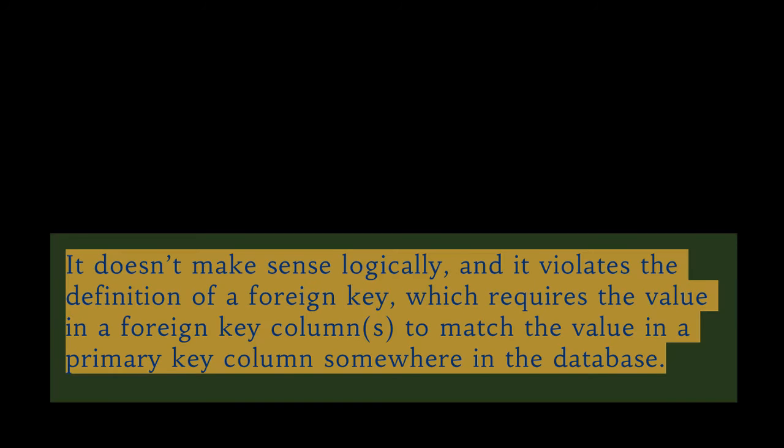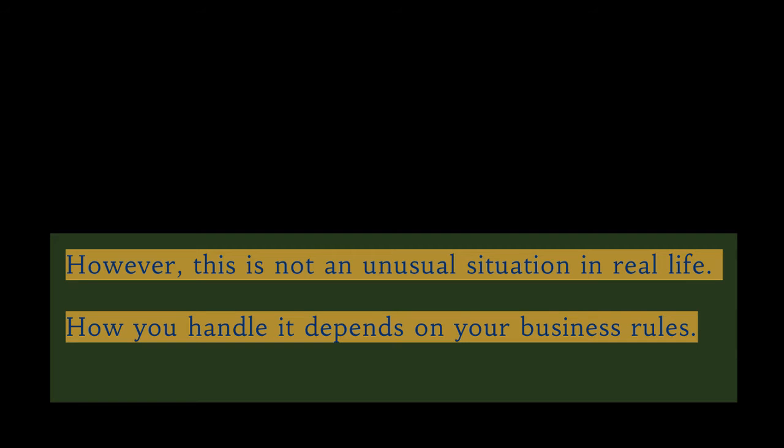It doesn't make sense logically, and it violates the definition of a foreign key, which requires the value in a foreign key column to match the value in a primary key column somewhere in the database. However, this is not an unusual situation in real life. How you handle it depends on your business rules.